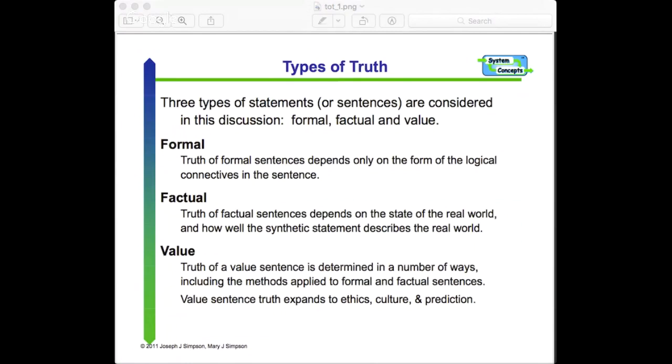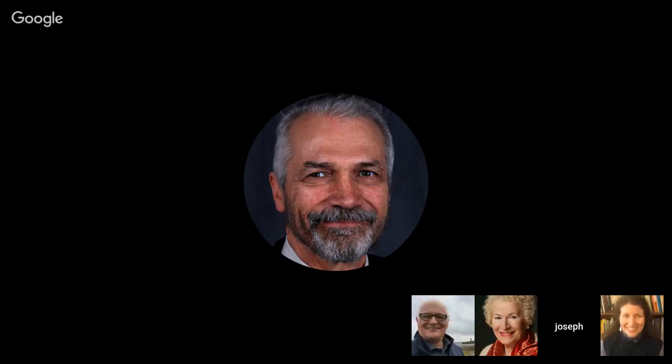But we must be able to make a connection between the factual truth, which is like the real world, and the value truth. That's what we're doing in the sim. Start matching those together. That's an important part that we haven't looked at much because we've been working on the formal piece right now. So that part is, I think, very important.